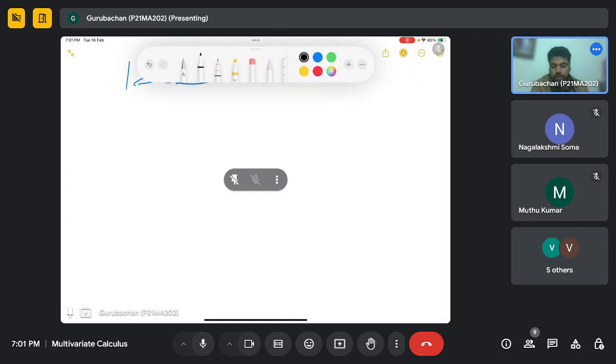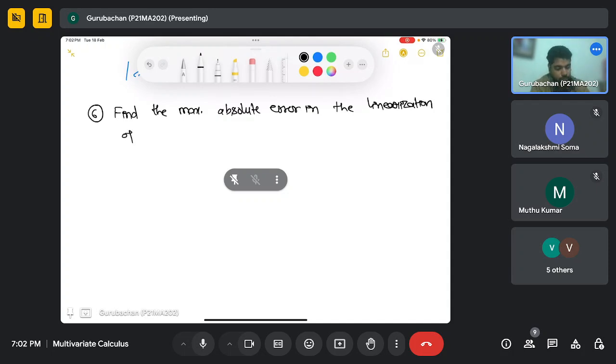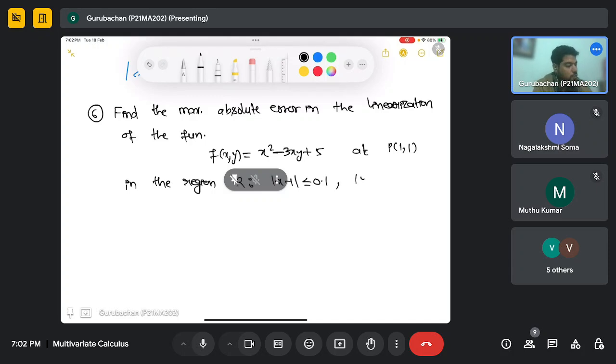So let me move to the next question. Since the quadratic approximation is clear to everybody, the next question is: find the maximum absolute error in the linearization of the function f(x, y) = x squared minus 3xy at the point (1, 1) in the region R, which is defined as |x minus 1| less than or equal to 0.1, |y minus 1| less than or equal to 0.2.